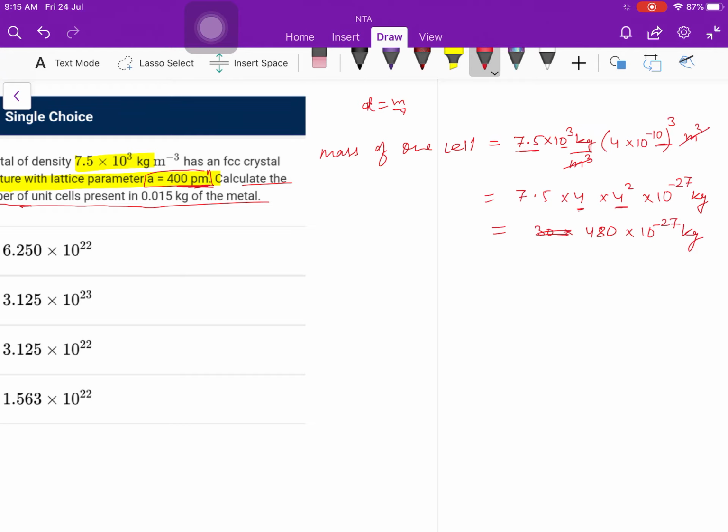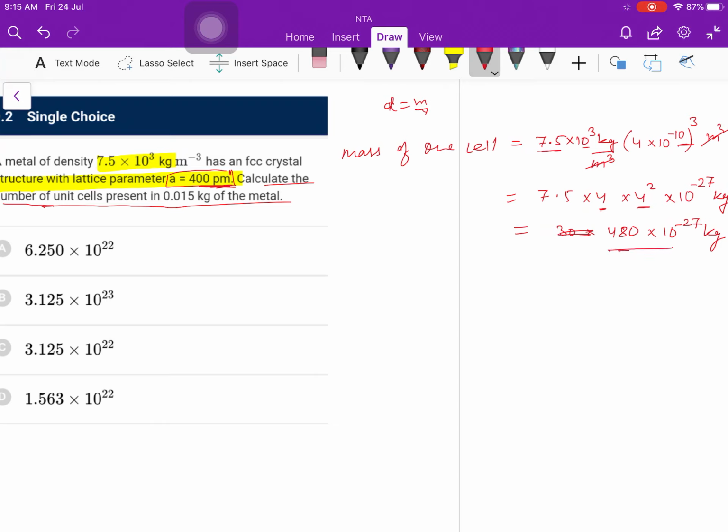Now, mass of one cell is this much, we need to find the number of cells in 0.015 kg of the metal. So the number of such cells is equal to 0.015 kg upon 480 into 10^-27 kg per cell. Kg and kg cancel out and we are left with the number of cells.